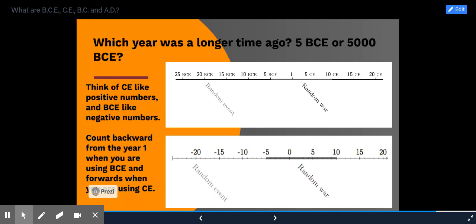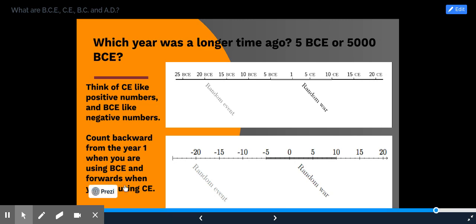And then when we go backwards in BCE, we have 5 BCE, 10 BCE, 15 BCE, 20 BCE, and 25 BCE. So 5 BCE is actually closer to 2020 than 5,000 BCE.